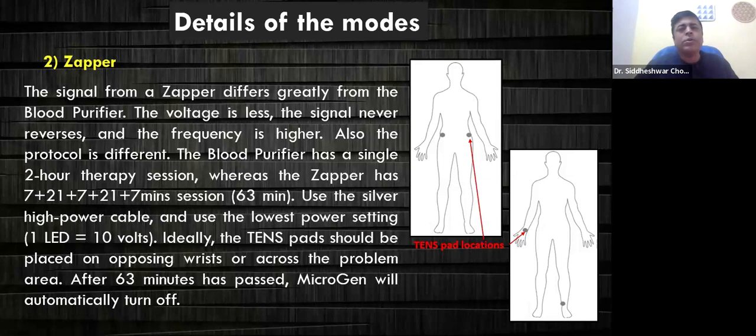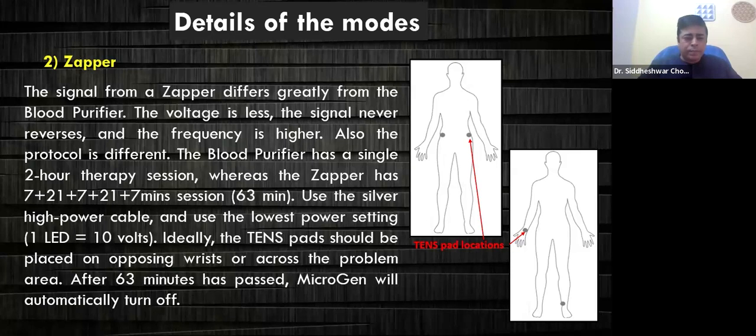That would be the ideal position in general. However, if you want to address a problem area specifically, you can place the TENS pads around the problem area. That is how you can do the zapping if you want to get rid of the pathogens in a localized area, right?